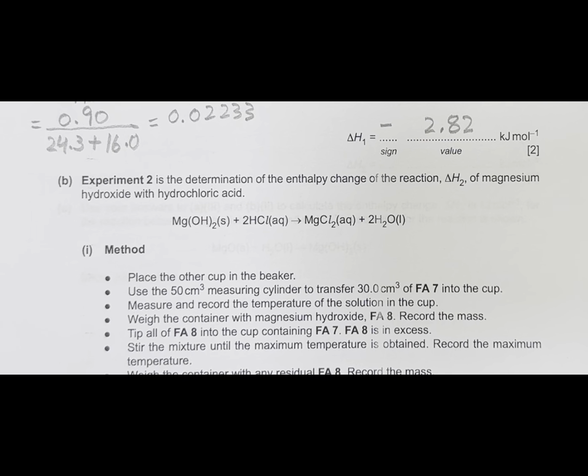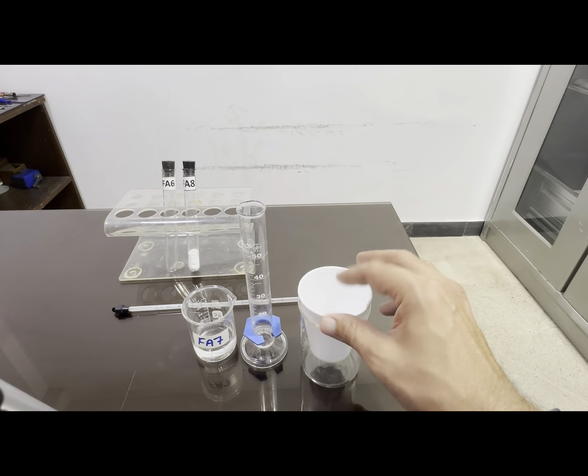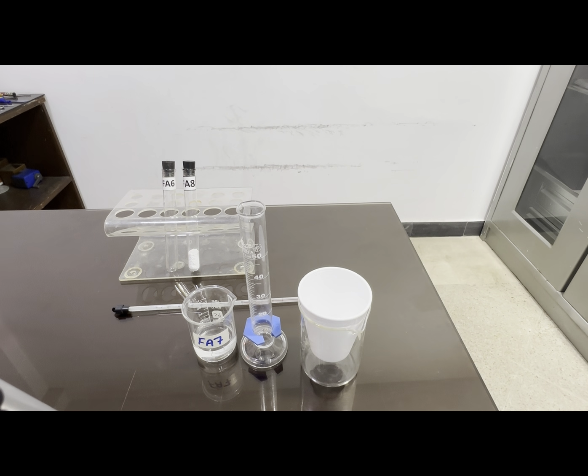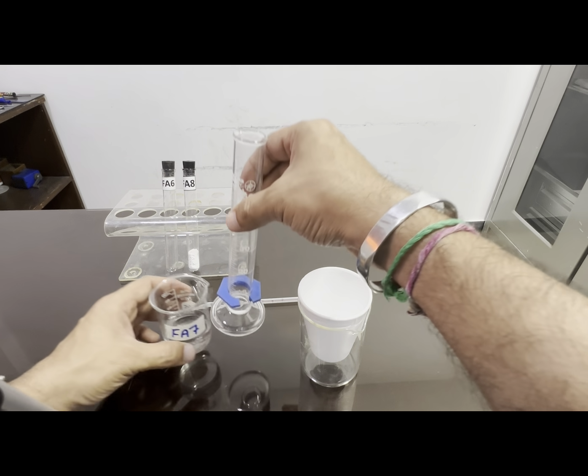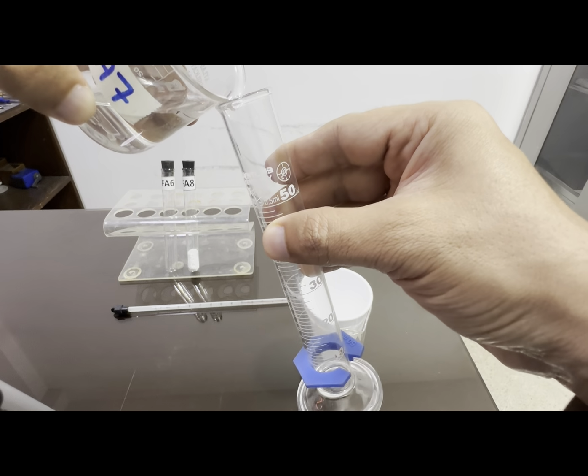So let's record the temperature first. Now place this plastic cup into the 250 centimeter cube beaker, and using this measuring cylinder transfer Fa7, that is 30 centimeter cube.